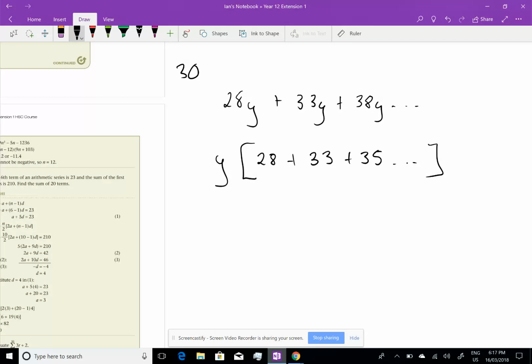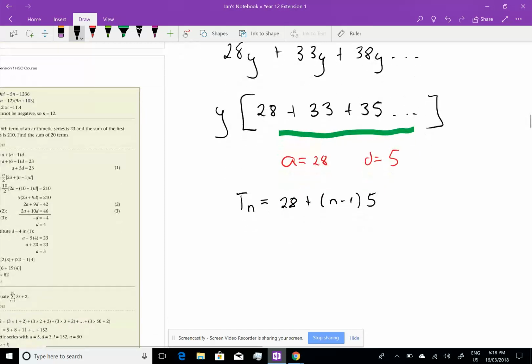And this is a series here, and I'll just leave the y out the front. I don't have to consider that. You could do the 5y and do it all, but it's going to be much easier if we do this. And in this series, a equals 28 and d equals 5. So T of n equals 28 plus n minus 1 times 5.